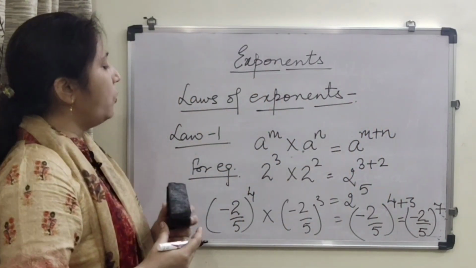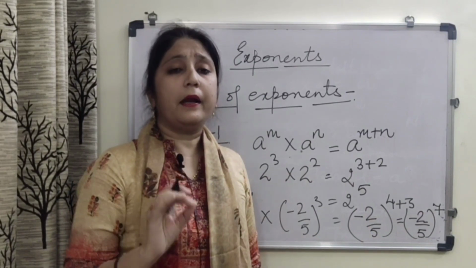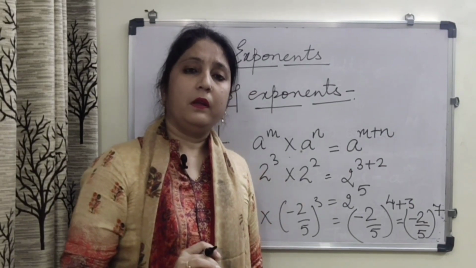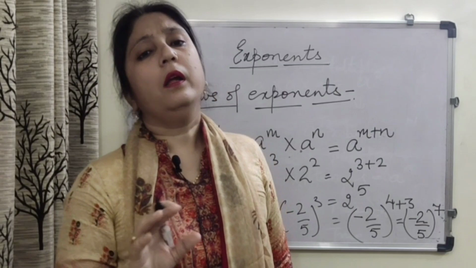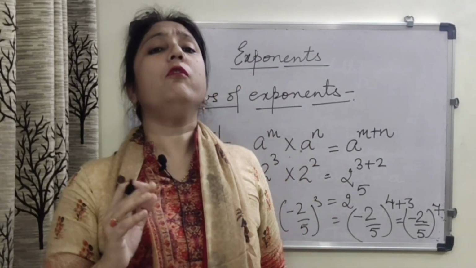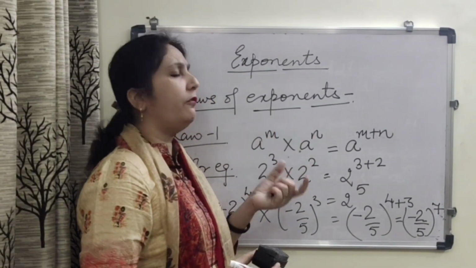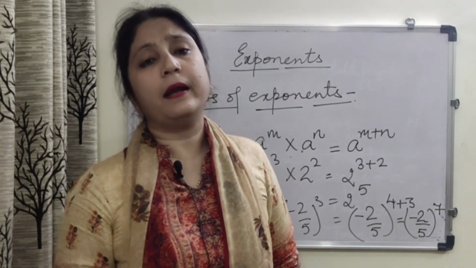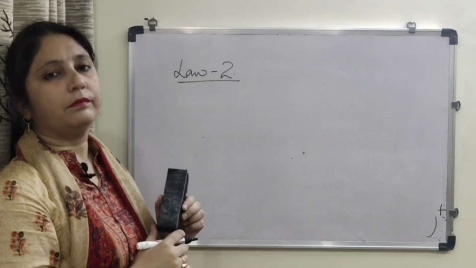This is how we go for the first law of exponents. Again, I am emphasizing that bases should be the same. Exponents can be positive, they can be negative, they can be positive and negative, but the law will remain the same. If you are multiplying the same base with different exponents, exponents will definitely get added.